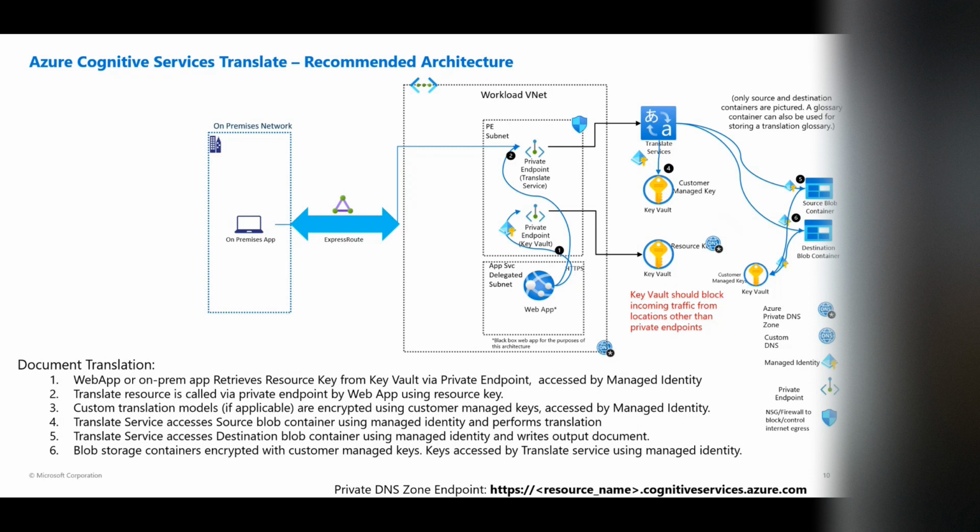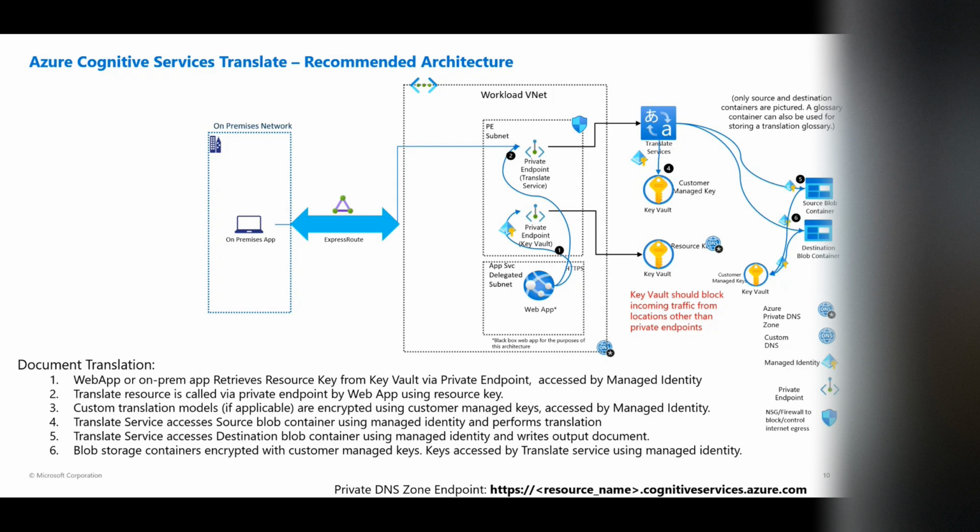Okay. Now we look at the second scenario, where you have a bunch of documents, either from legal or elsewhere, that you want to translate. What you do is you move those documents into a blob container, and you have another blob container for output documents, one for source, one for destination. And when you call the API, same thing.